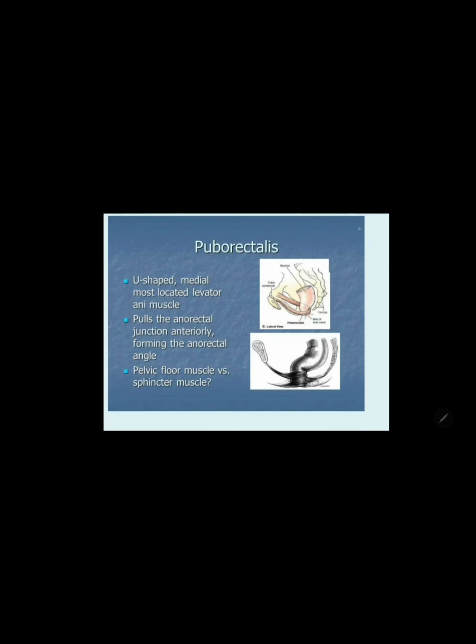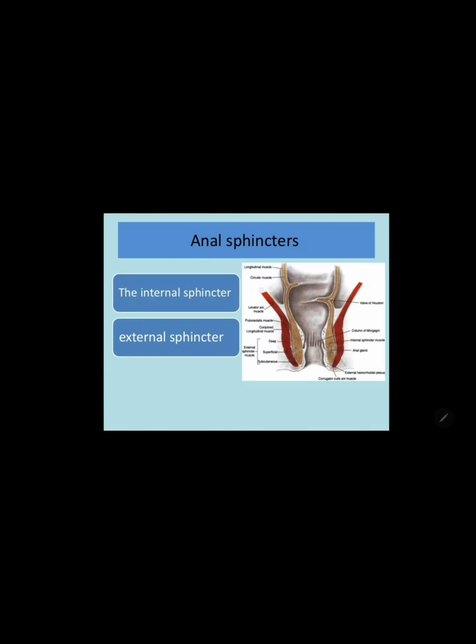So puborectalis is a U-shaped medial most part of the levator. It pulls the anorectal junction anteriorly. Here you can see it is pulling the anorectal junction anteriorly, maintaining this anorectal angle, and at rest it creates a sling and forms an acute angle that distributes the intra-abdominal forces to the pelvic floor.